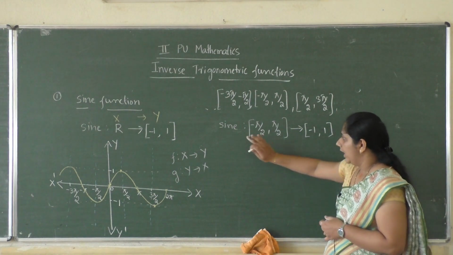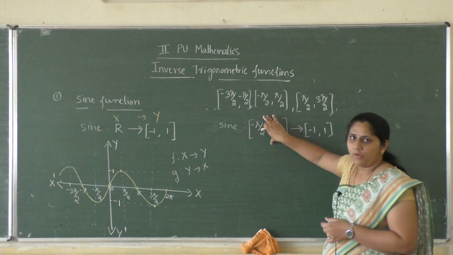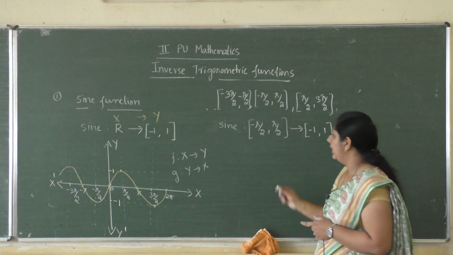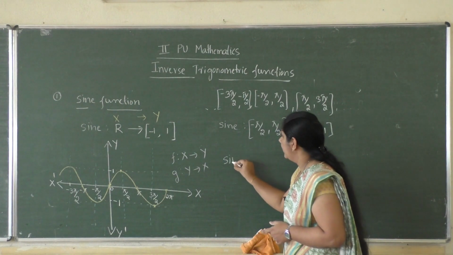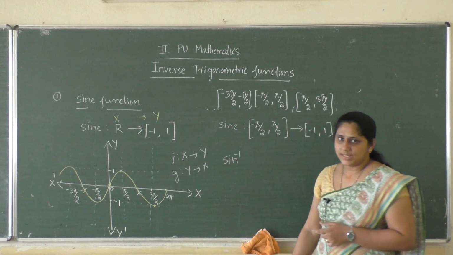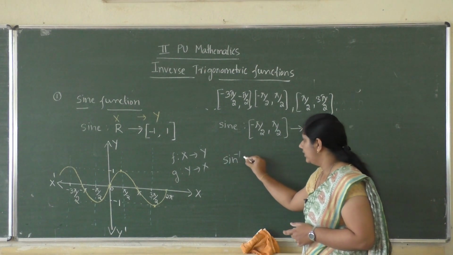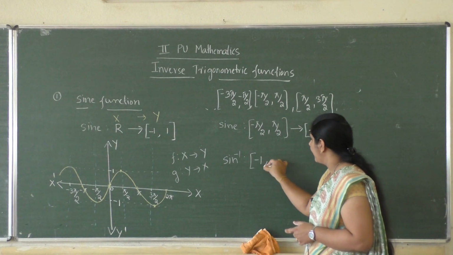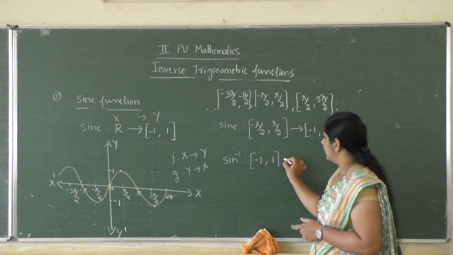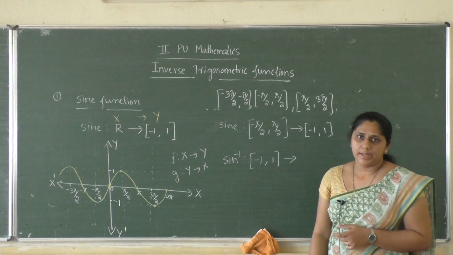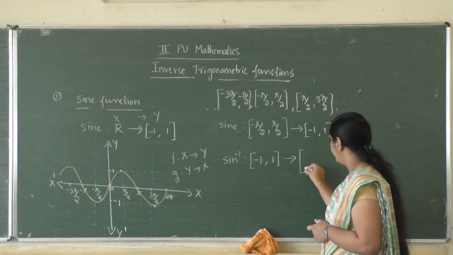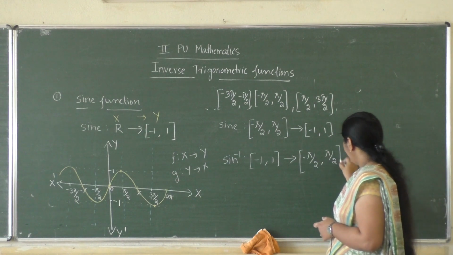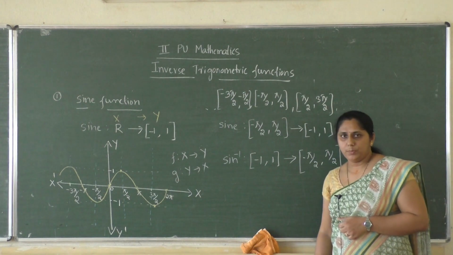Then the inverse function of sine, that is sine inverse, exists, and it is a function from y to x, that is closed interval -1 to 1 to minus pi by 2 to plus pi by 2.